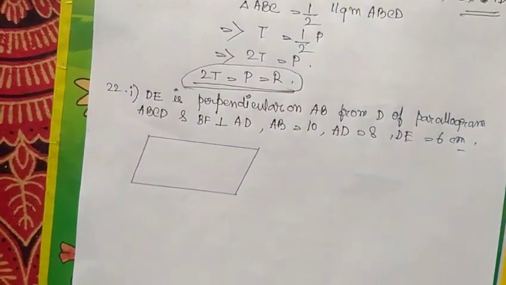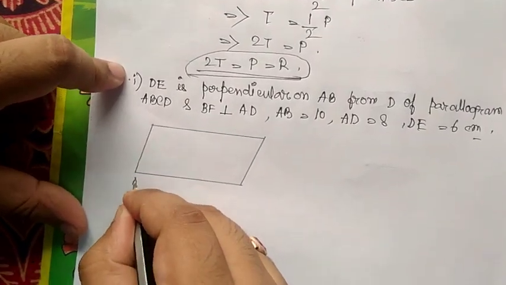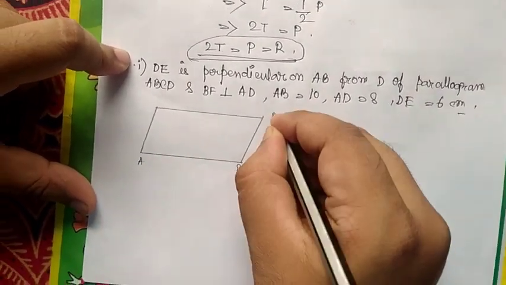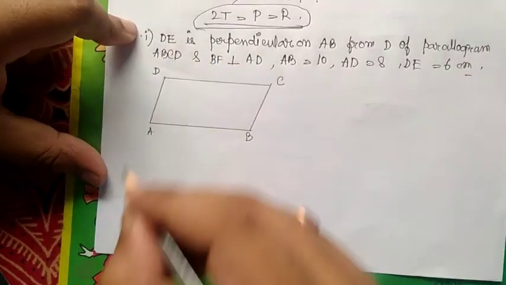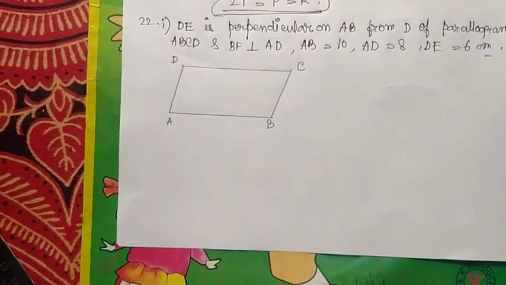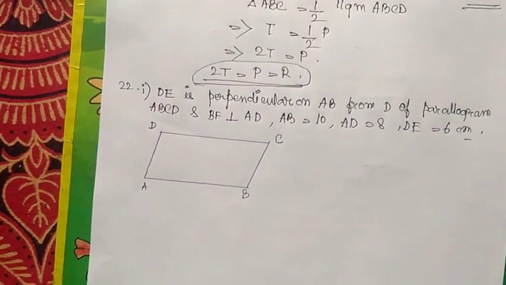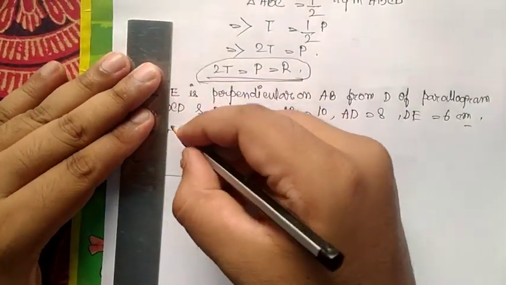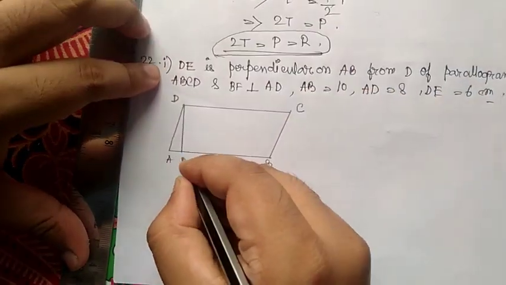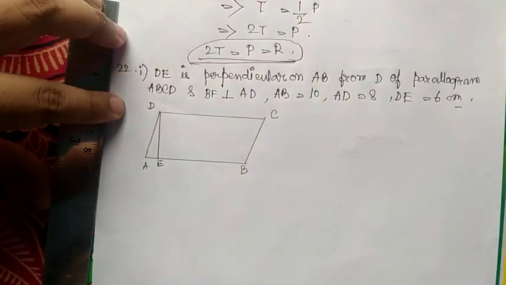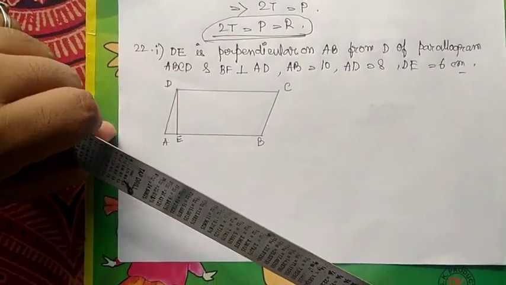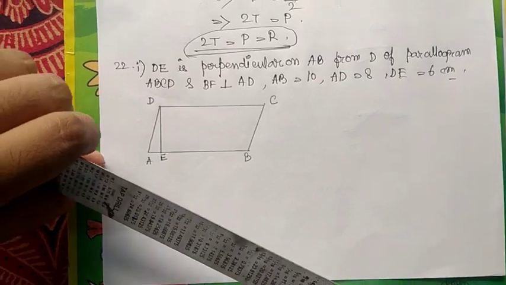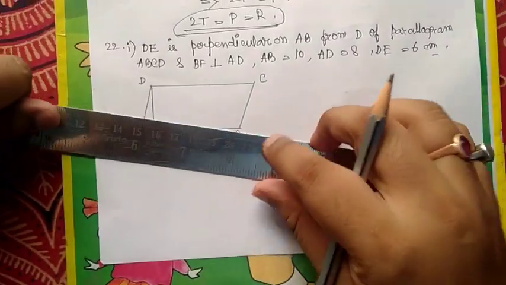This is the parallelogram and this is A, B, C, D. First we draw DE perpendicular on side AB, and BF is the perpendicular on side AD.